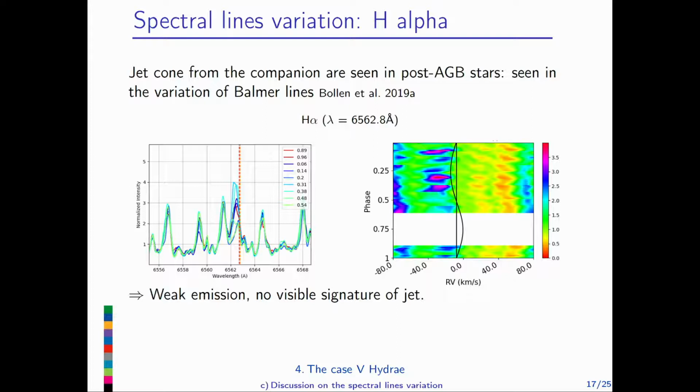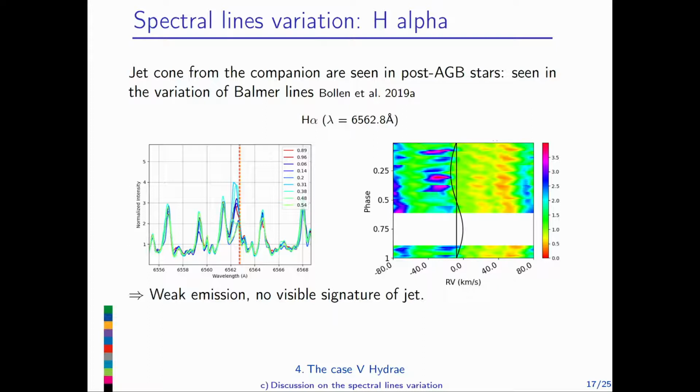So blue shifted velocity corresponds to a smaller wavelength, and red shifted velocity to a higher wavelength.